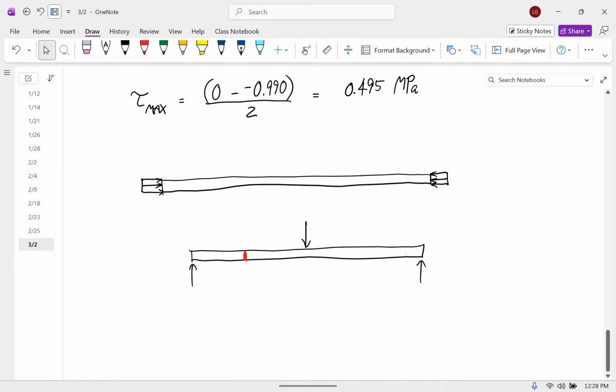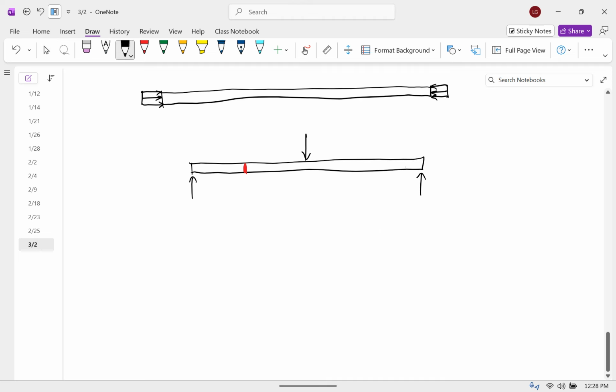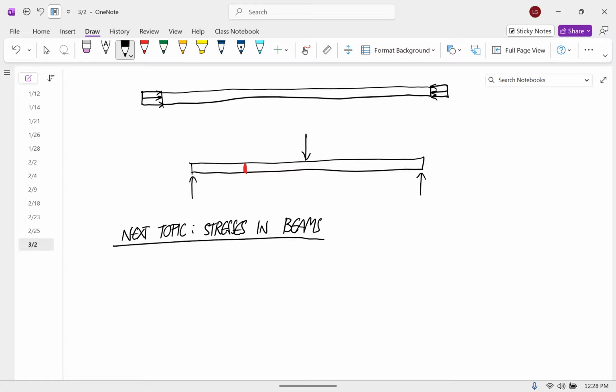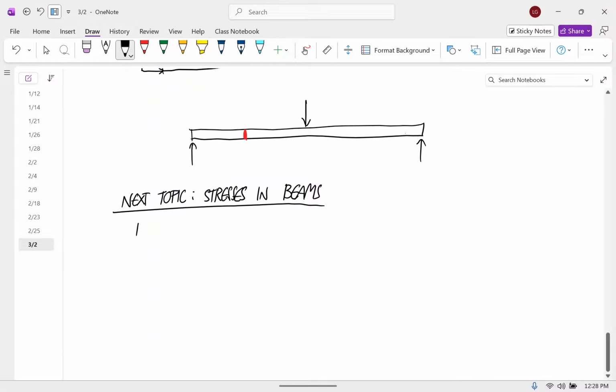Okay, so now we're going on to stresses in beams. So in statics, we calculated internal loads in beams.